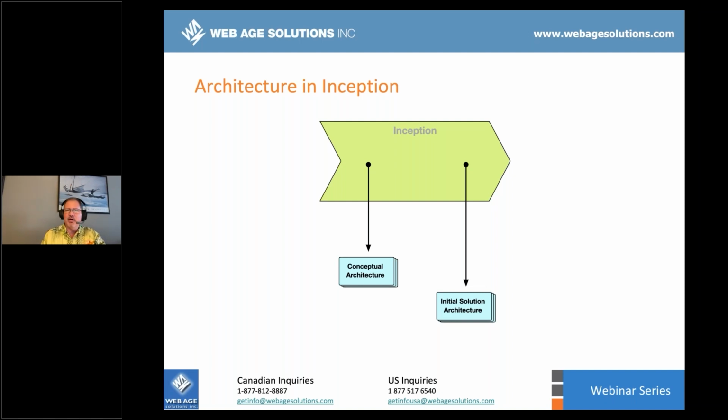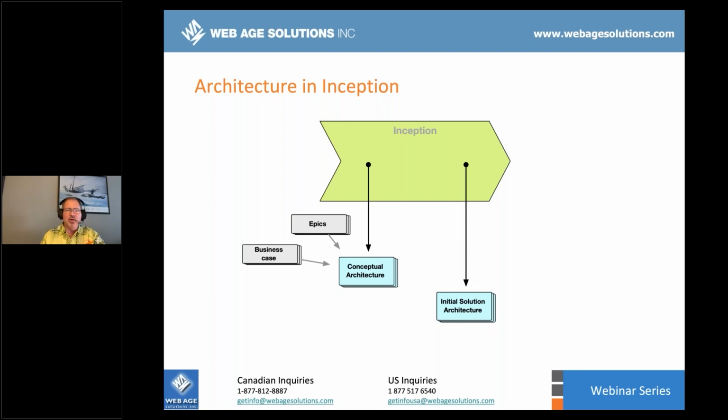This doesn't require a lot of work. It doesn't require a lot of detailed analysis. It requires an understanding of the basic problem. Specifically, things that go into this are a business case, or more generally, just our understanding of the intended business value of the solution. And what I've labeled here is epics.